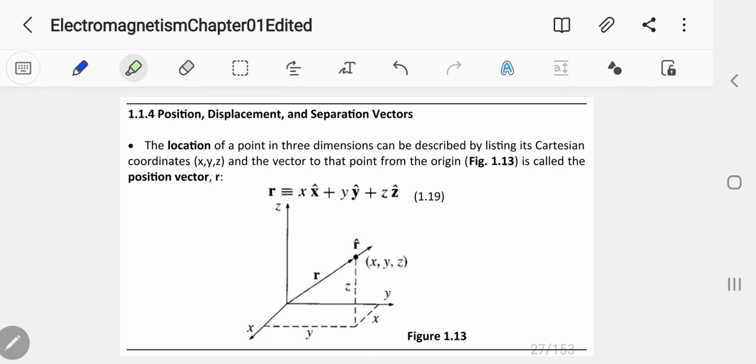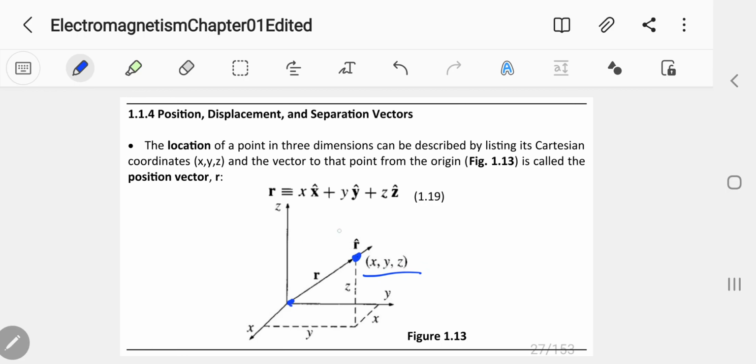Anyway, we define the location of an object in Cartesian coordinates to be x, y, z. So for example, the location of the object is at this point here. So you have the coordinate system. You always refer to the origin.